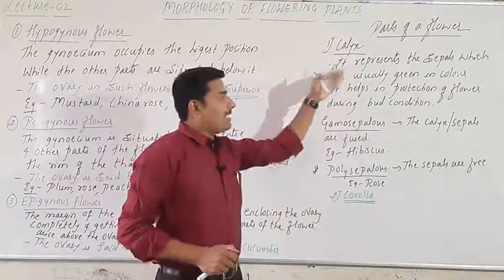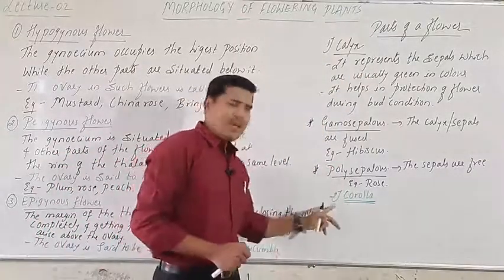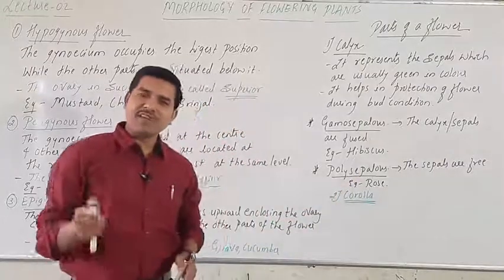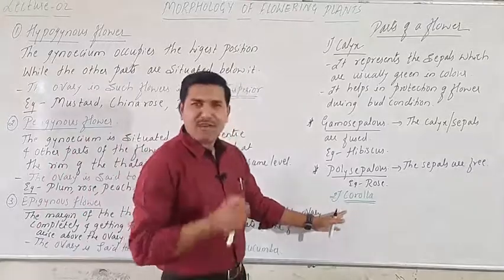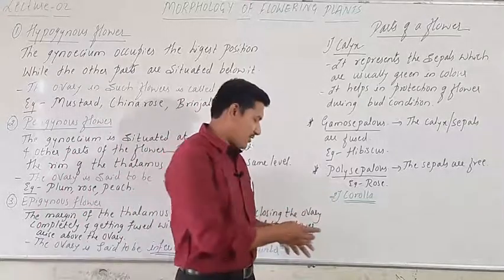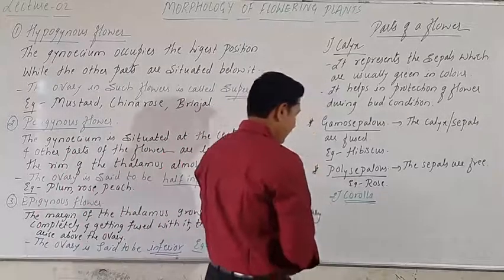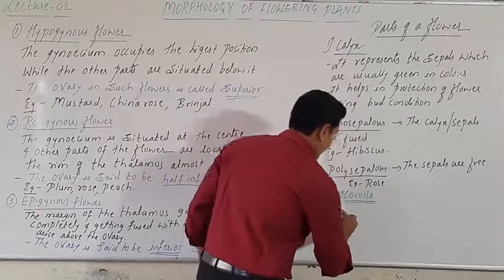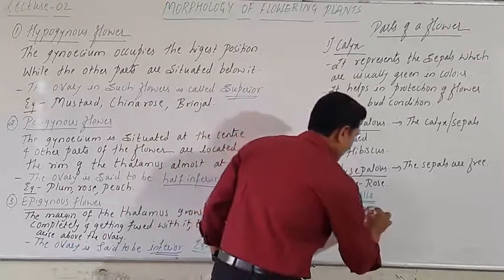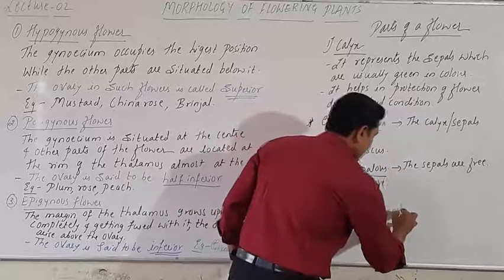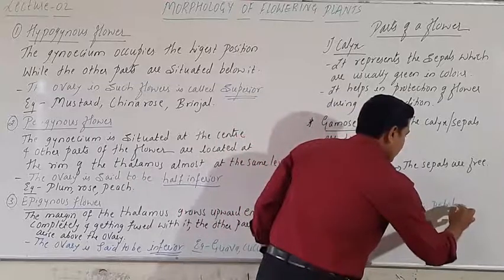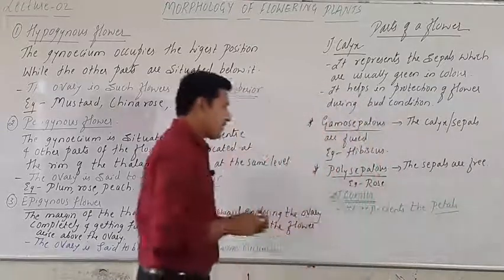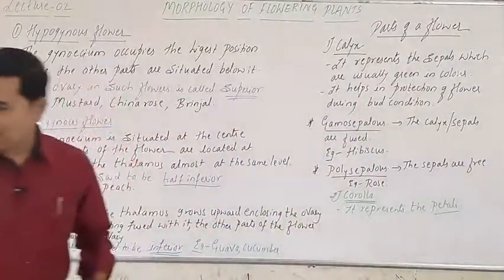Now here calyx represents sepals, and corolla represents the petals. The members of the corolla are called petals.